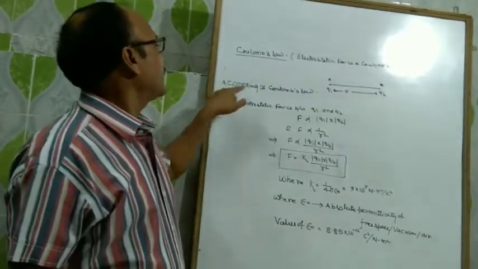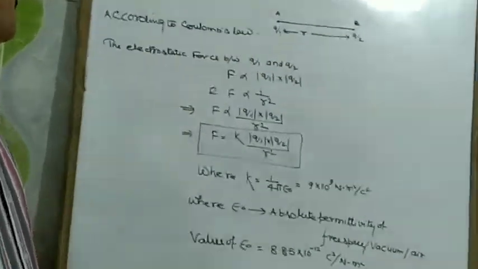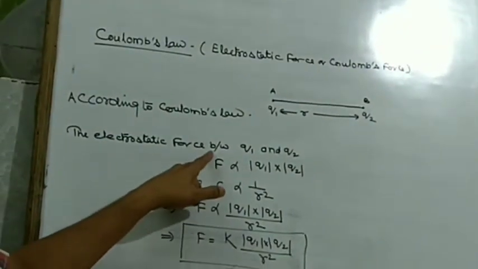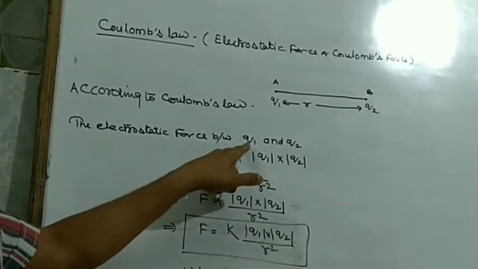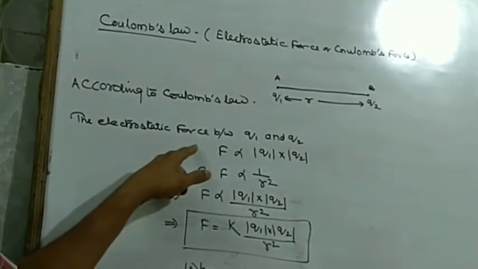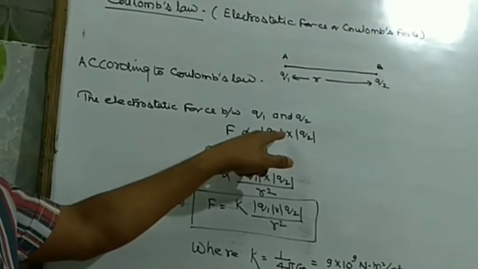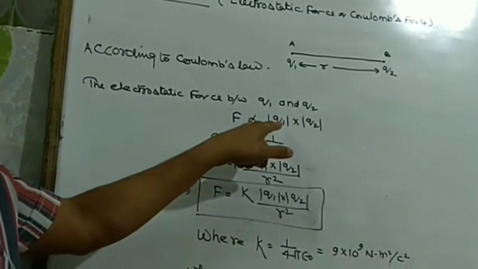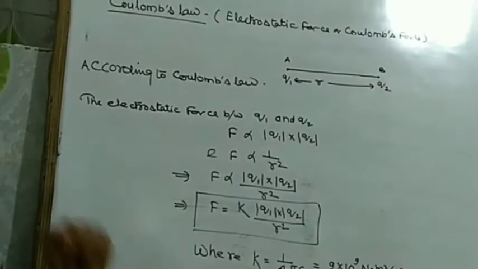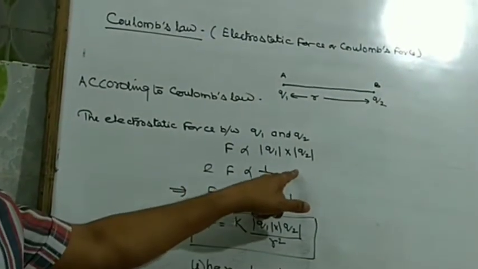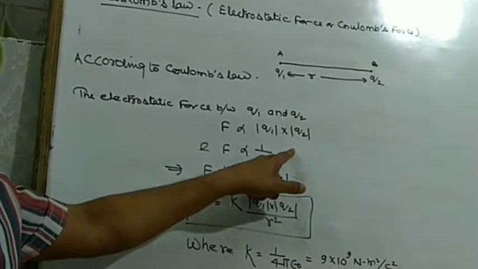According to Coulomb's law, the electrostatic force between 2-point charges Q1 and Q2 is directly proportional to the product of the magnitudes of Q1 and Q2 and inversely proportional to the square of the distance between them.